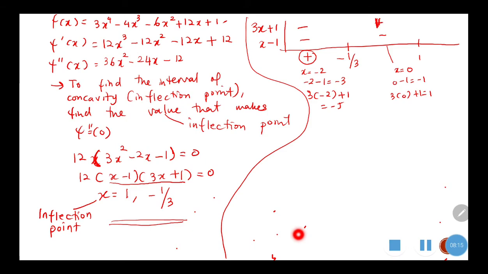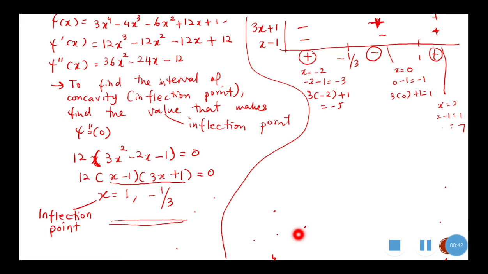Negative times positive gives negative. And for the final one, I'm going to pick x equal to 2. So 2 minus 1 is 1, and the other factor gives 7. Positive times positive gives positive.